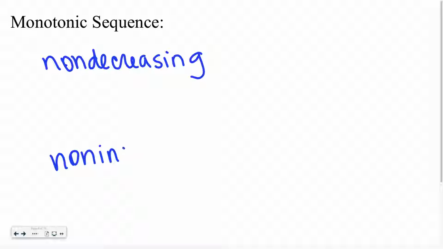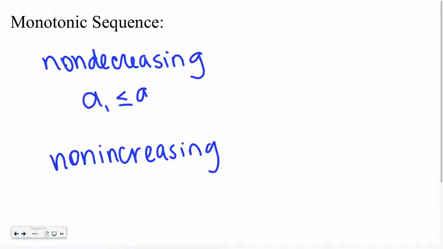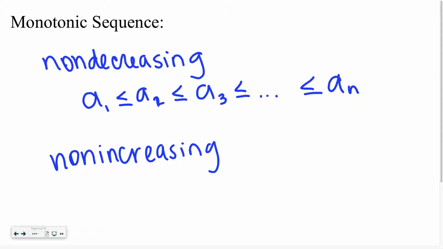No. What does non-decreasing mean? That means the first term is less than or equal to the second term, which is less than or equal to the third term. Do you see where I'm going? Okay, so it has to be both.